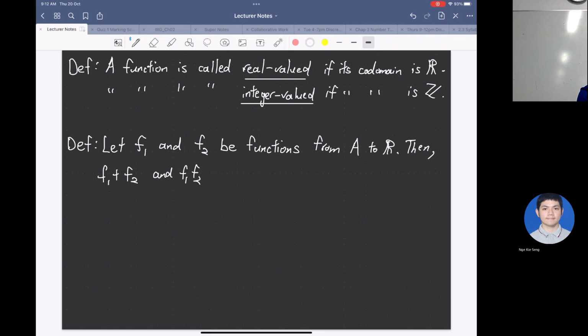We can define the sum of functions, f1 plus f2, and the product of functions. The definitions of these are also functions from the same domain and to the same codomain. So how is it defined?